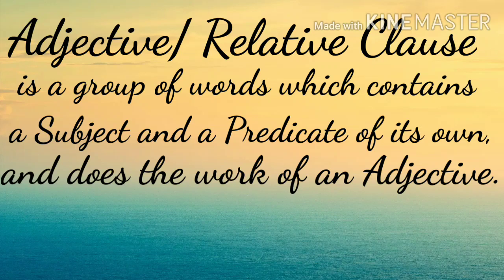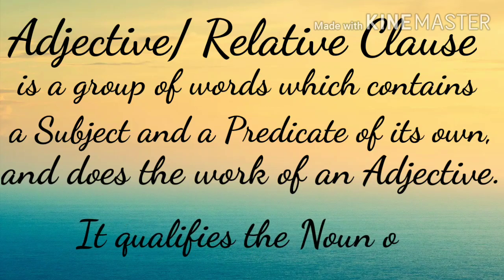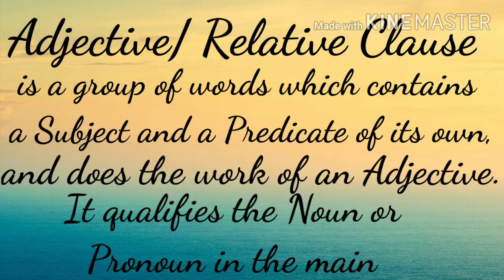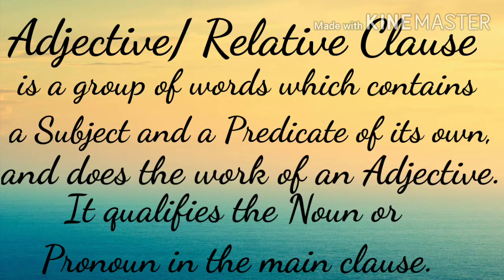The function of an adjective is to qualify the noun or the pronoun, isn't it? Alright, similarly, the adjective clause qualifies the noun or the pronoun in the main clause of the sentence. Alright, that is why the adjective or the relative clause depends on the main clause to complete the sense.